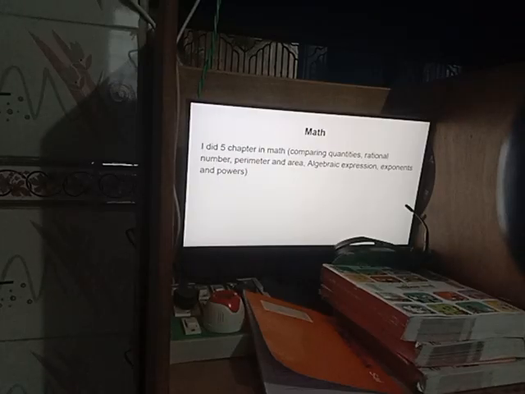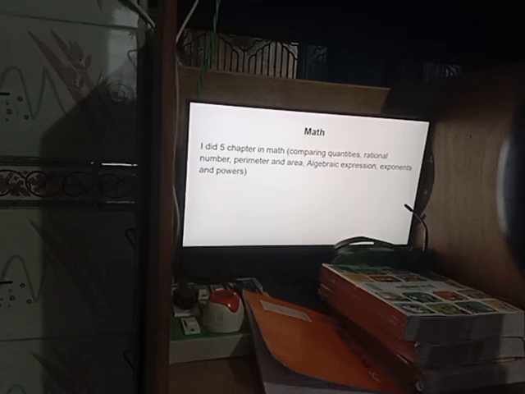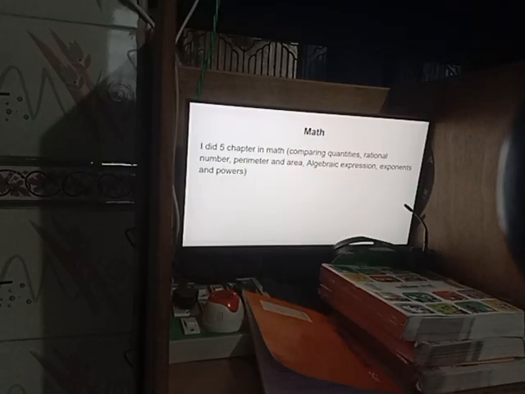For addition of two rational numbers with the same denominator, we simply add their numerators and divide the sum by the common denominator. Subtraction is the same.